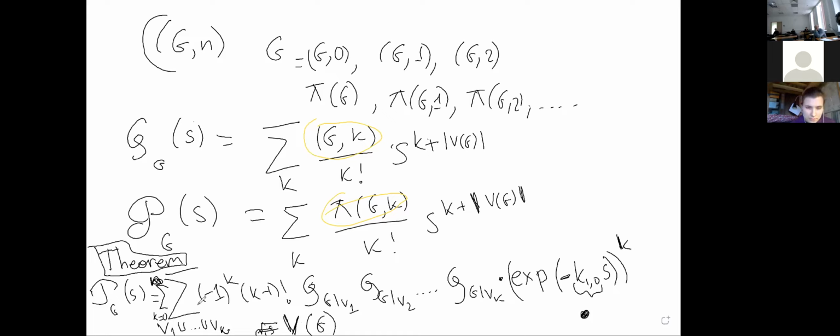Here are the same coefficients. Here we take all restrictions, and here it's an exponential generating function, and this is just a graph which is one vertex. This notation means that it's a complete bipartite graph with one vertex.